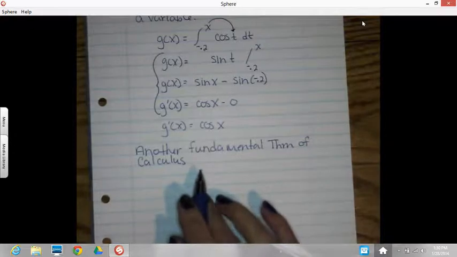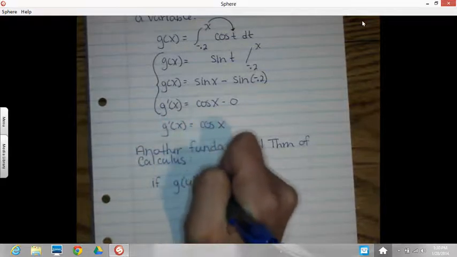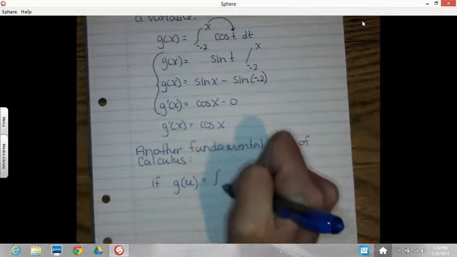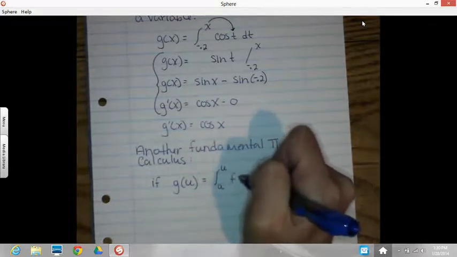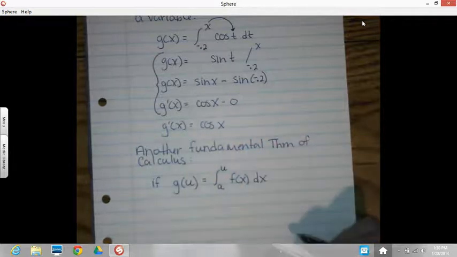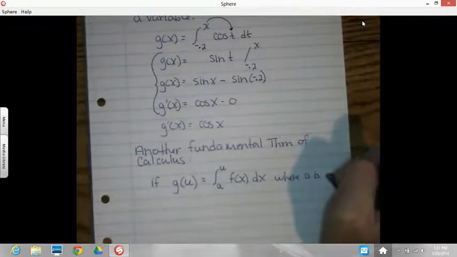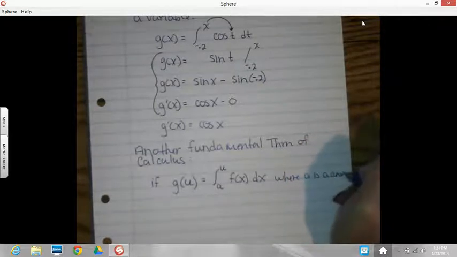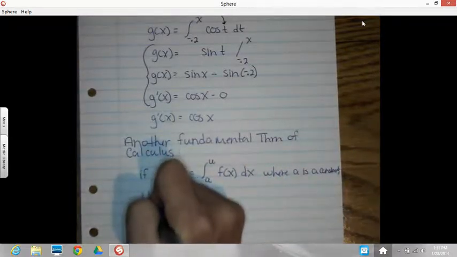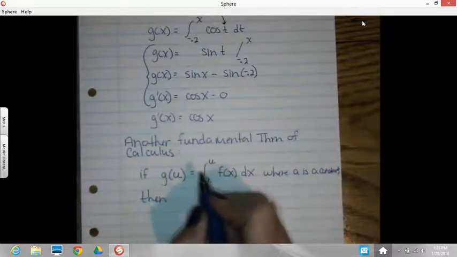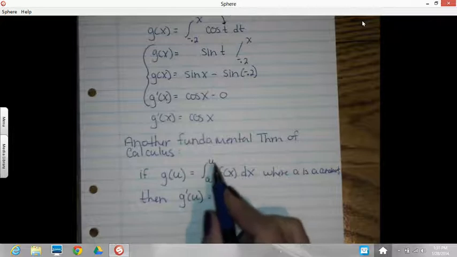Here's another fundamental theorem, which says if g of u, and it doesn't matter the letter, is equal to the antiderivative from some constant a to upper boundary u, these have to match, of some function, I'll go f of x dx, where a is a constant, that has to be a number down there, then the shortcut to get g prime of u is just to take whatever function I have here and substitute u into it.